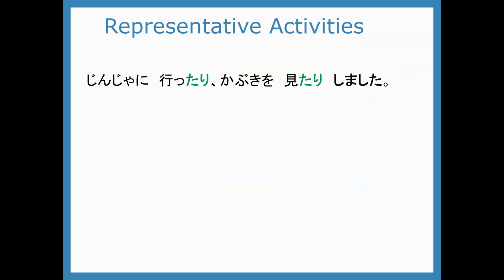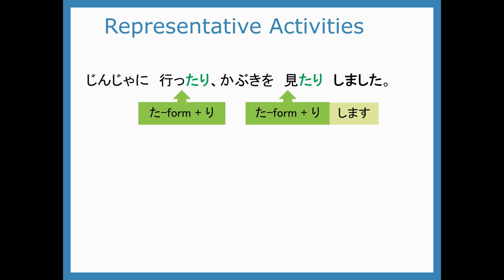We use this たり to talk about some representative examples of activities that you did, or that you will do or want to do. So this is a way, in other words, of combining our verbs.